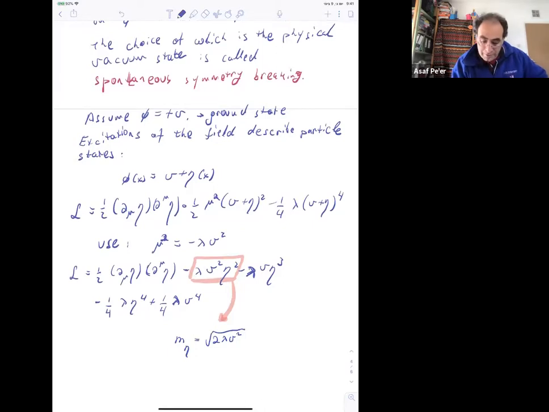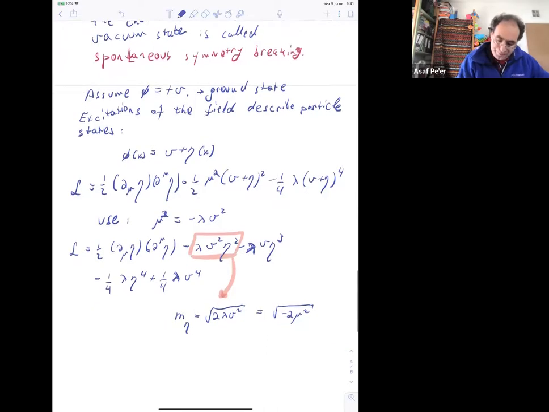Or again, using mu squared is minus lambda v squared, this is just square root of minus 2 mu squared. Which means that this Lagrangian that we have here is describing really a massive scalar field, right?